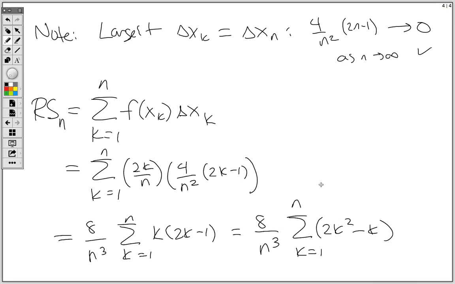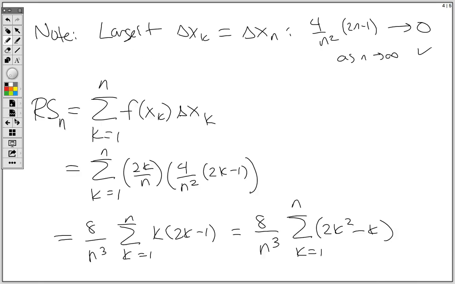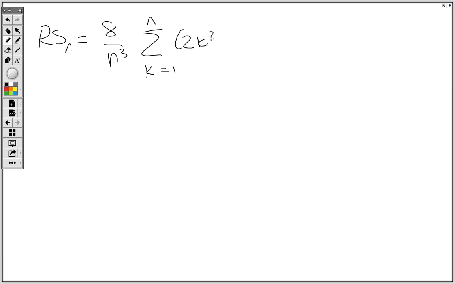So I want to get this in terms of n using the formula sheet, and I'll take the limit as n goes to infinity. I'm just going to recopy that there. Using properties of sums, I'm going to break this up. That's basically just the associative and commutative properties of finite sums.